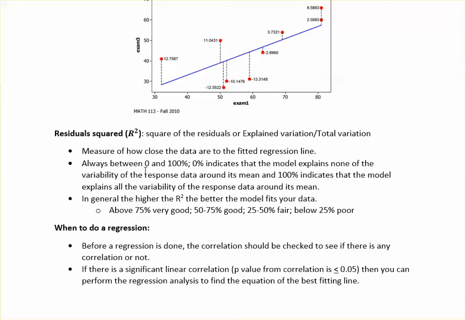It's always going to be between 0 and 100%. 0% indicates the model explains none of the variability of the response data around its mean, and 100% indicates the model explains all the variability of the response data around its mean. In general, the higher the R squared, the better the model fits your data. Above 75% is a very good fit, 50 to 75% is a good fit, 25 to 50% is fair, and below 25% is poor.